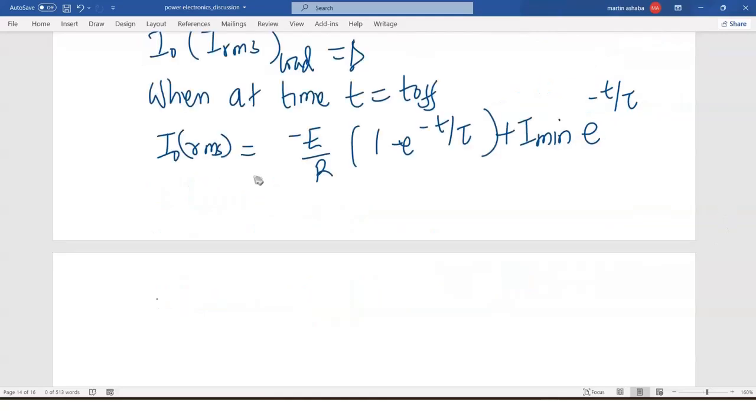So we know E, we know R, we know T off, we can get it.